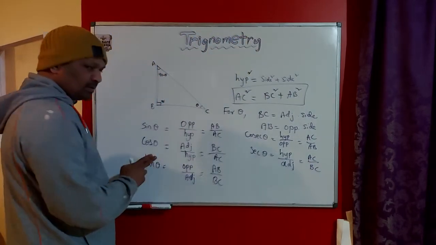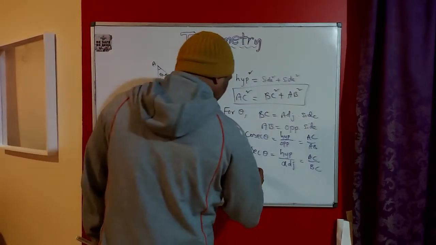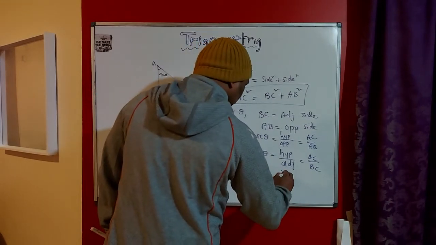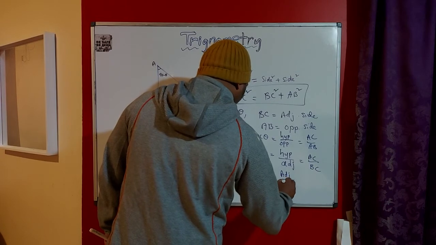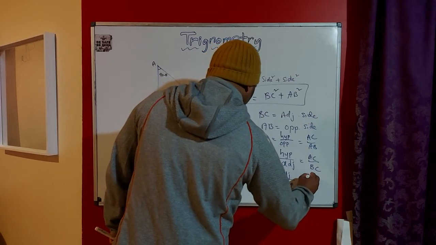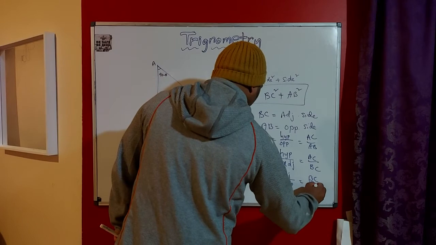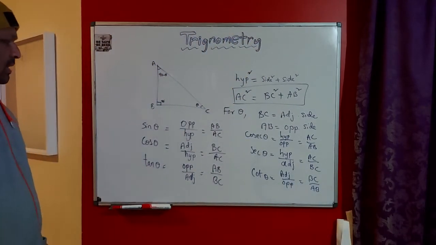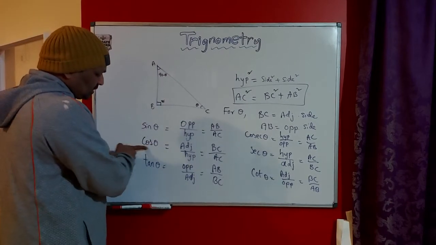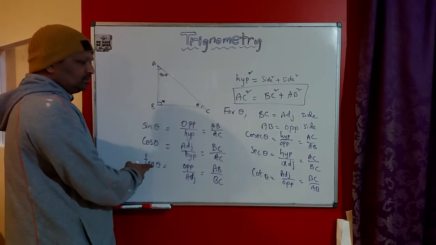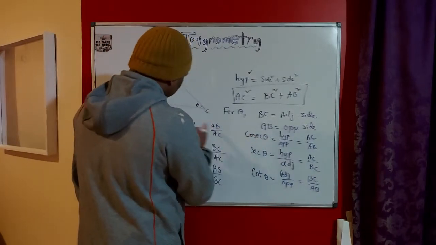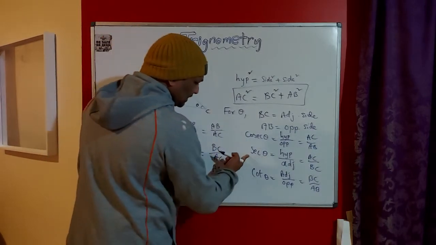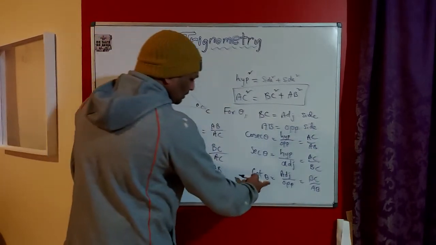Similarly, for tan, the reciprocal is cot theta, which is edge by op, equal to BC by AB. So sin theta is one ratio, cos theta is another ratio, tan theta is another ratio. Similarly, the reciprocal of sin is cosecant, of cos theta is secant theta, and of tan theta is cot theta.